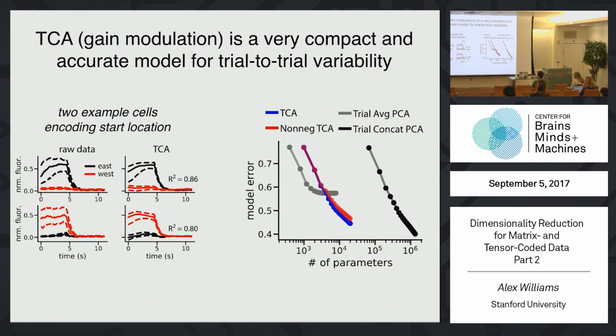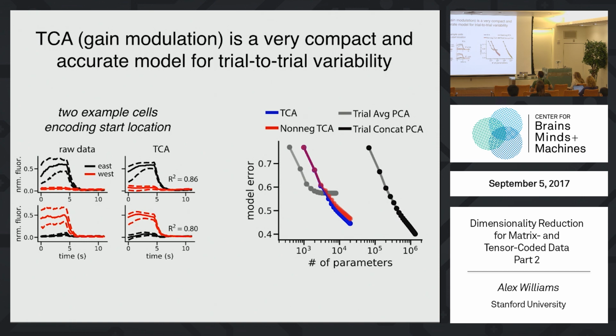So you can see that trial concatenated PCA, which remember is sort of similar to GPFA, actually performs pretty similarly to TCA and non-negative TCA. When you go up to maybe 20 components, it starts to outperform a little bit, but I'm convinced that this is overfitting anyway.